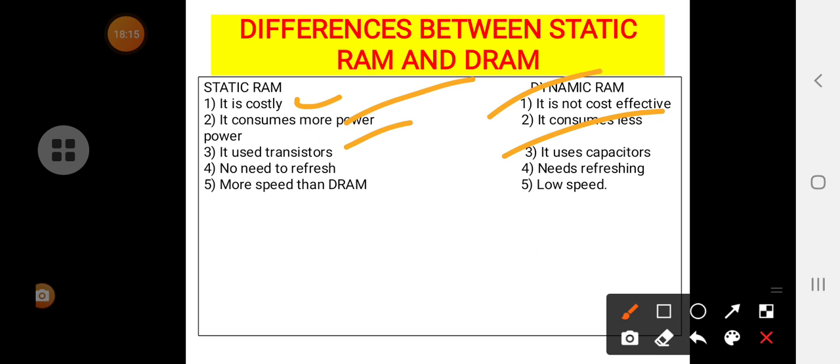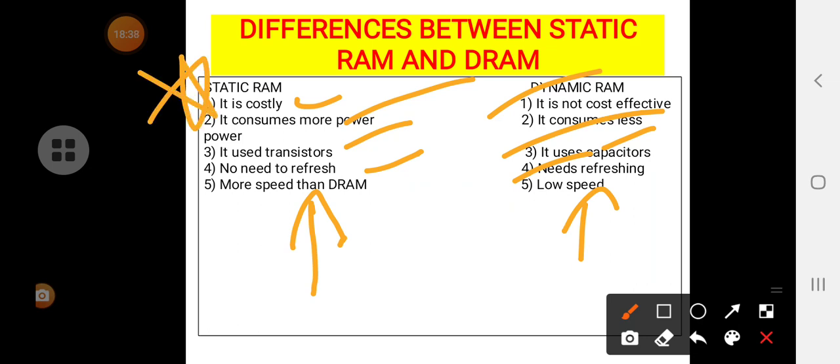SRAM uses transistors, but DRAM uses capacitors. In static RAM there is no need for refreshing, whereas DRAM needs to be refreshed. SRAM has more speed, DRAM has less speed when compared to SRAM. These are the differences. You have to keep them in your mind.